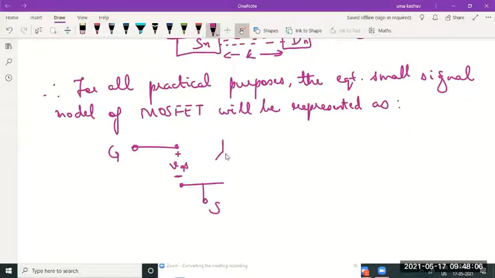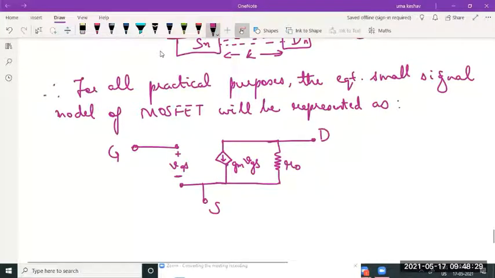Between drain and source, we have this dependent current source whose value is given as Gm into VGS, in parallel with an output resistance R0. So between the drain and source, we will include a non-ideal current source. Is this clear?